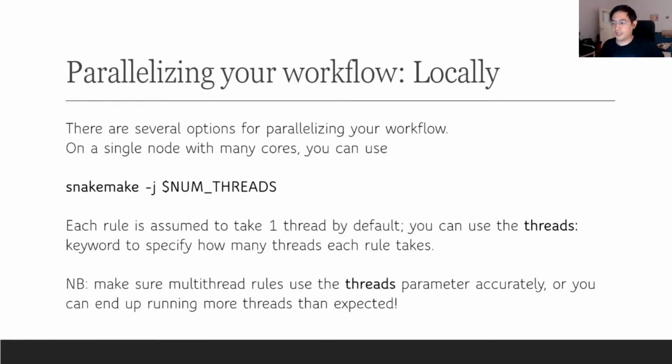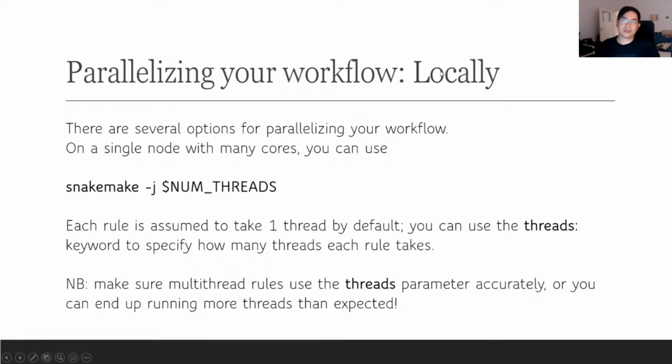There are many different ways to parallelize the workflow, and Snakemake will take care of the parallelization for you. At the simplest level, you can parallelize your workflow on your local machine.